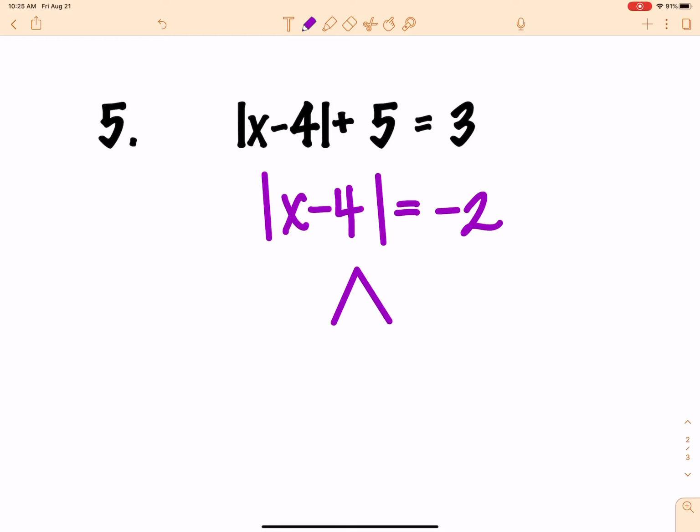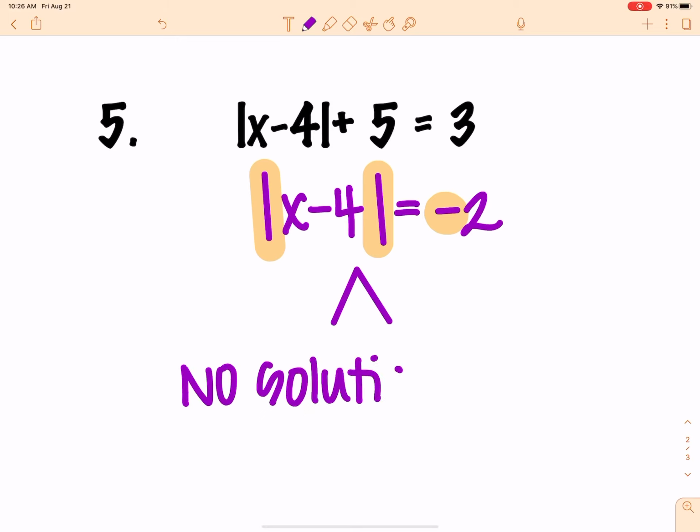But wait, again, remember that your absolute value cannot equal a negative number once it's isolated. So because this is isolated by itself on one side and you have a negative number, you stop. Okay, because the distance from 0 cannot be a negative number, so you say no solution.